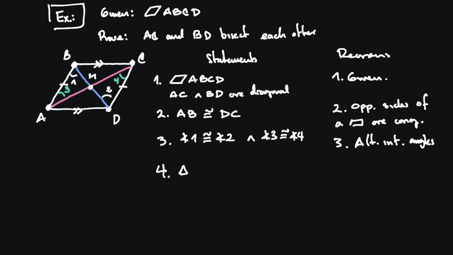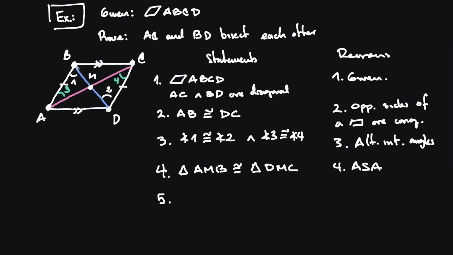Triangle AMB is congruent with triangle DMC. This is by angle, side, angle, right? We have angle, side, and an angle. Also, if you remember, by corresponding parts of congruent triangles are equal, we can say that these corresponding sides are congruent.